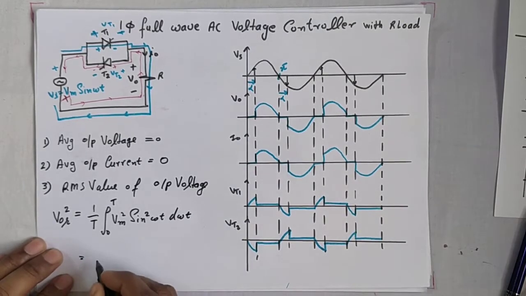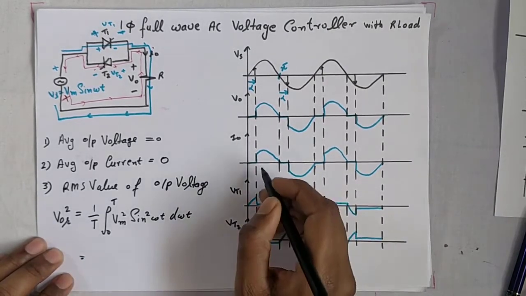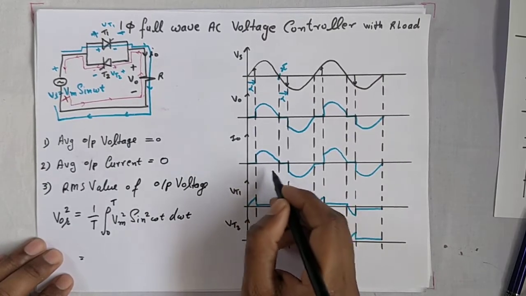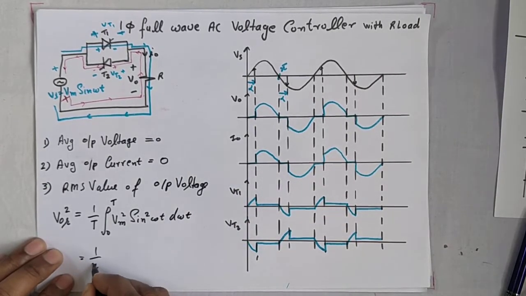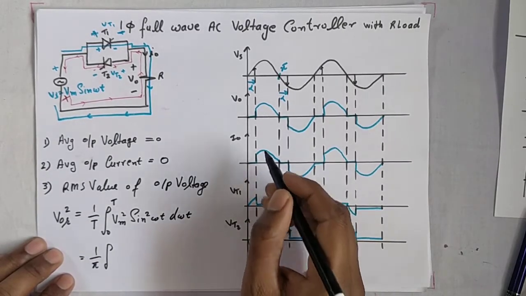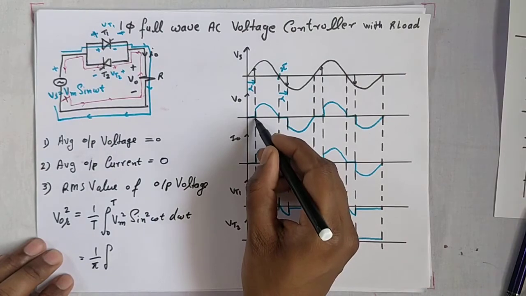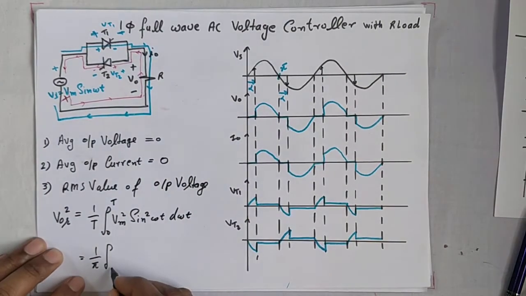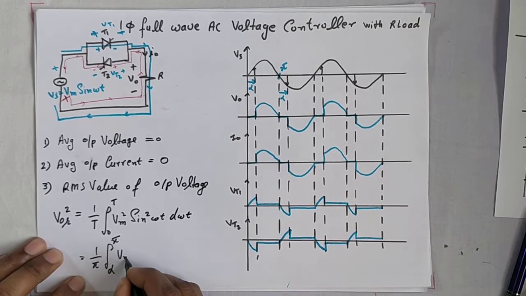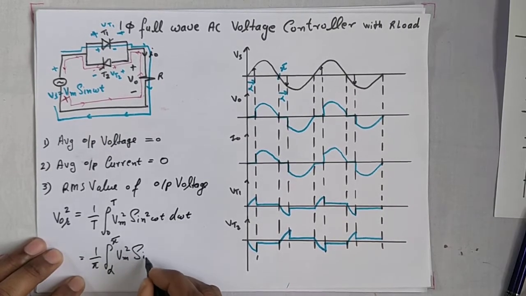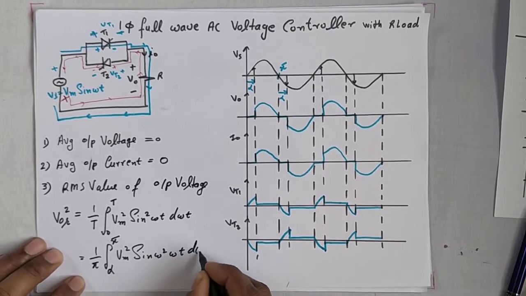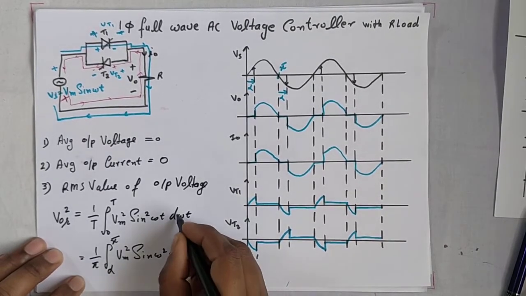Now the time period T for this is pi, and the output voltage appears from alpha to pi. So integrate from alpha to pi Vm square sin square omega T d of omega T.